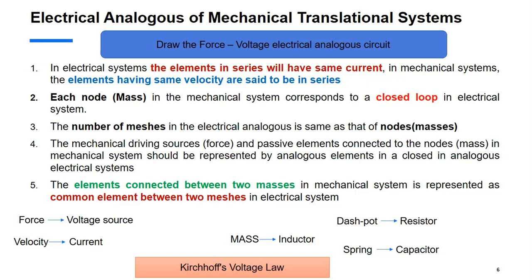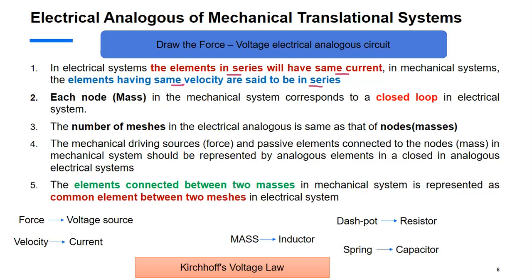In an electrical system, the elements in series will have the same current. Likewise, in a mechanical system, elements having the same velocity are said to be in series.